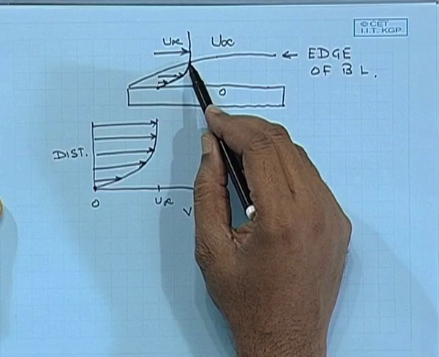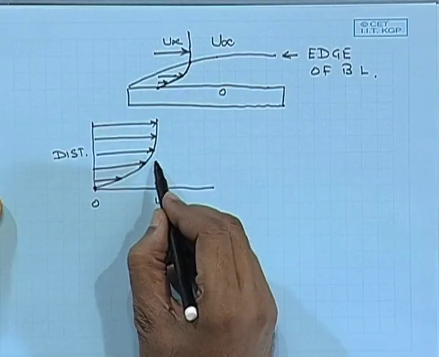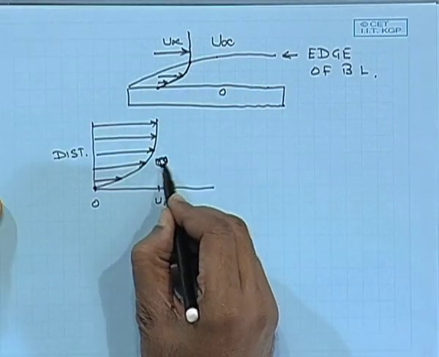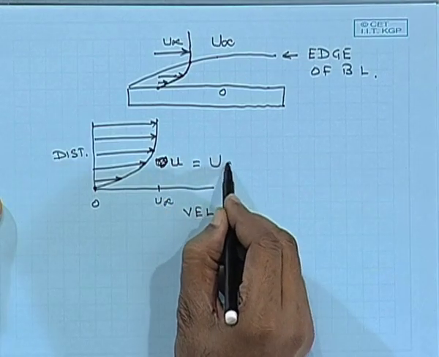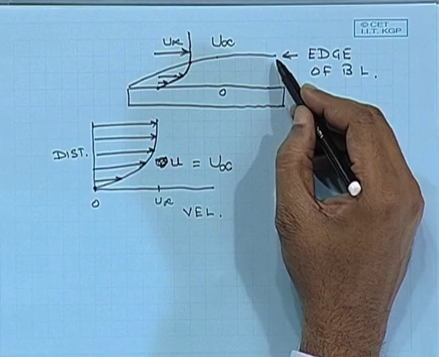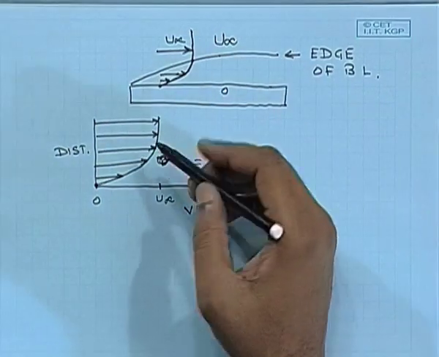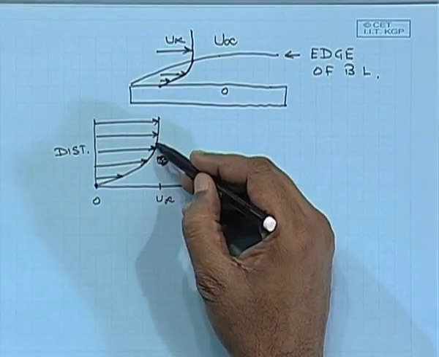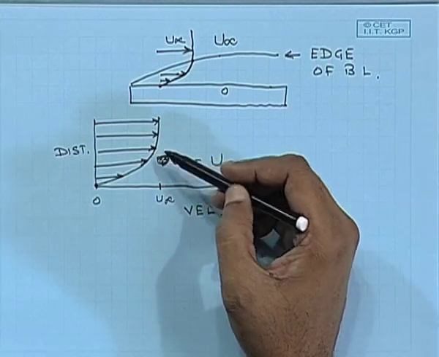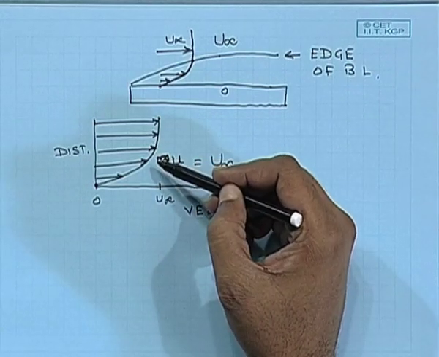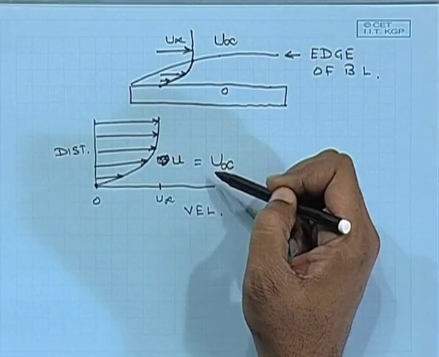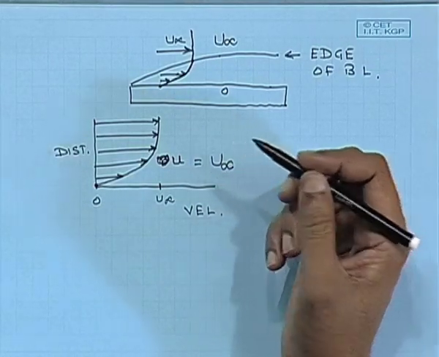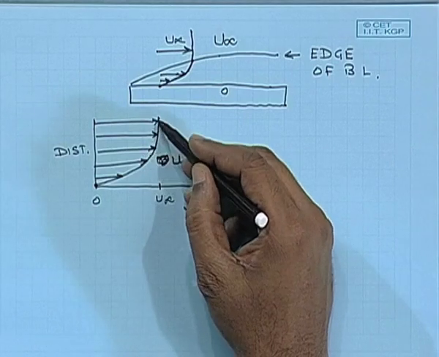It's easy to say that it's going to be the point at which the velocity, let's say that we call it u, is going to be equal to the free stream velocity, and that is the edge of the boundary layer. But looking at the nature of the curve, you can clearly see it's very difficult to pinpoint where this u equals u infinity is satisfied. It's an asymptotic nature.